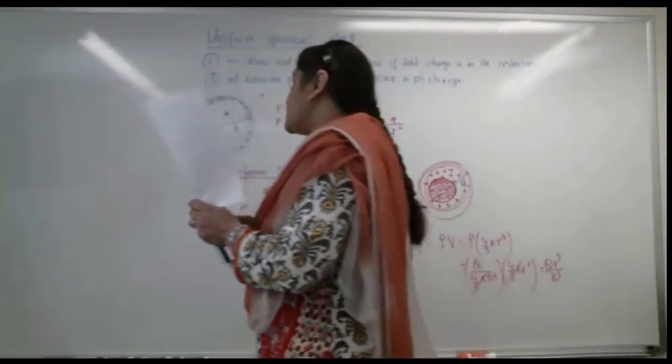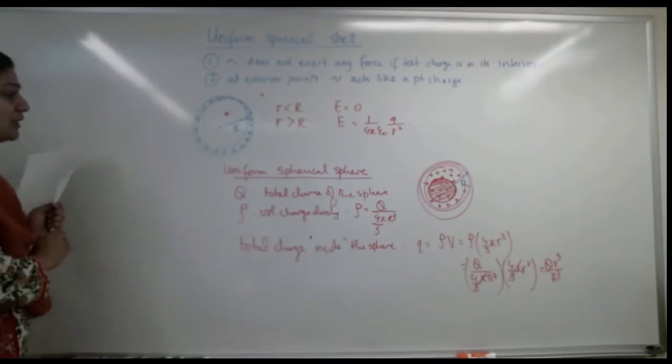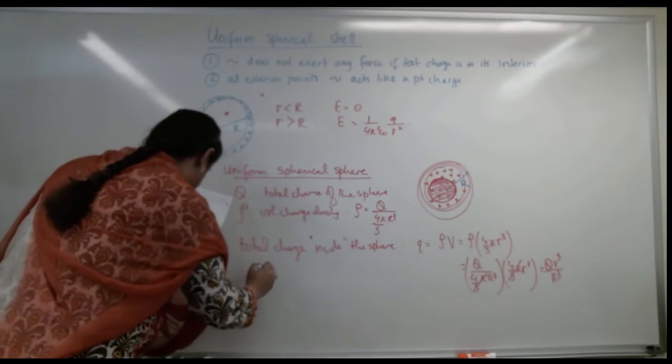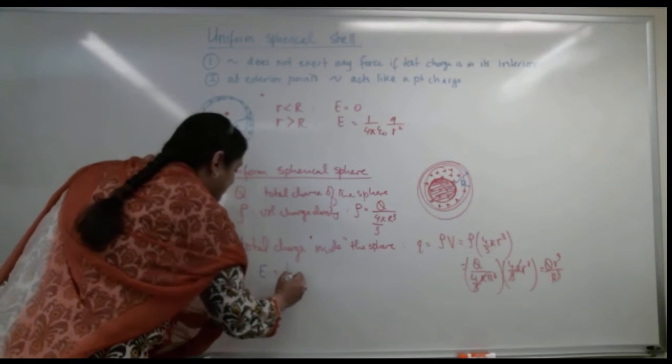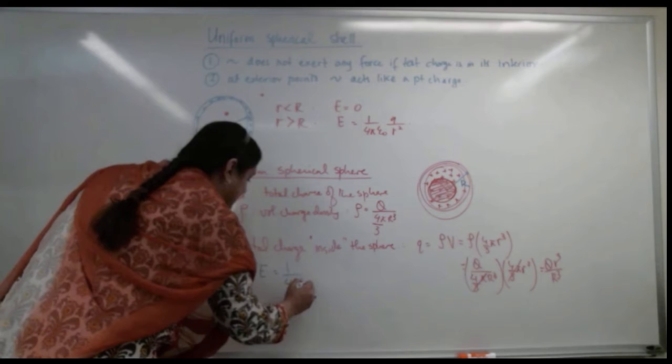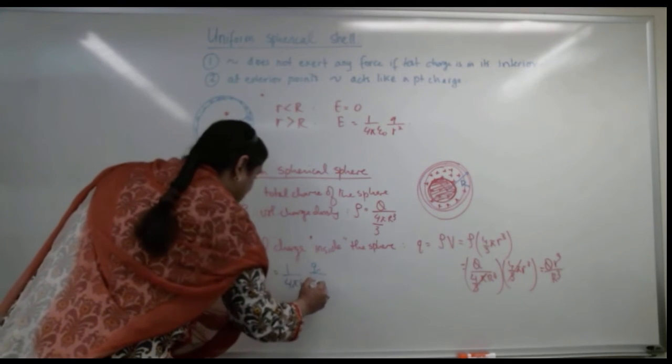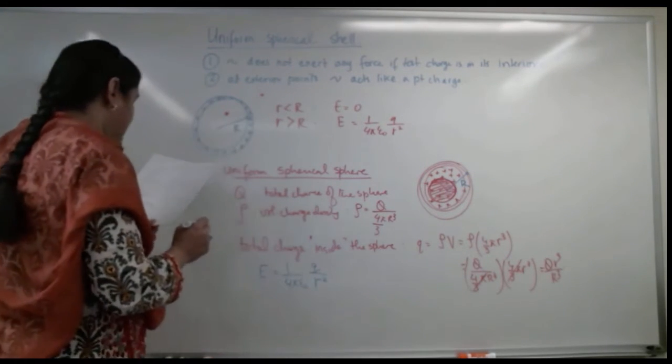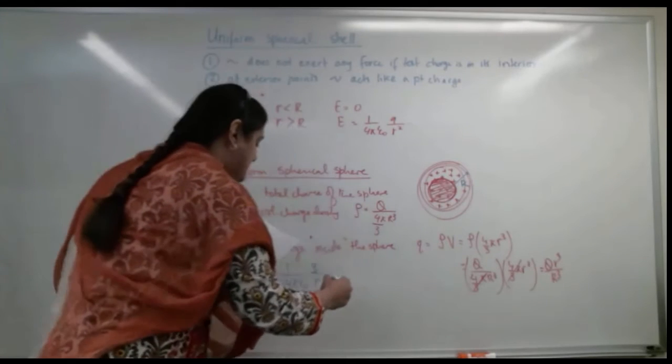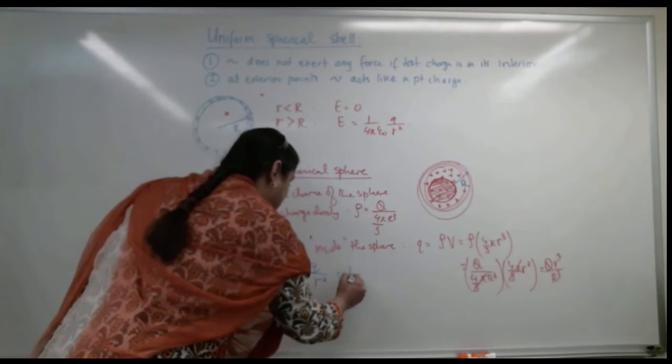Okay? So now in this case, your E will become 1 over 4 pi epsilon naught Q over r squared. But my Q now is equal to this.